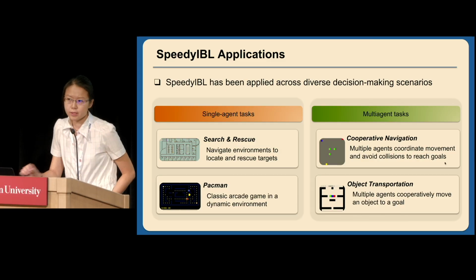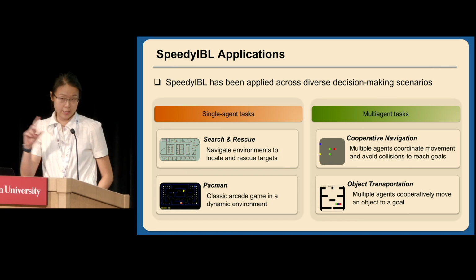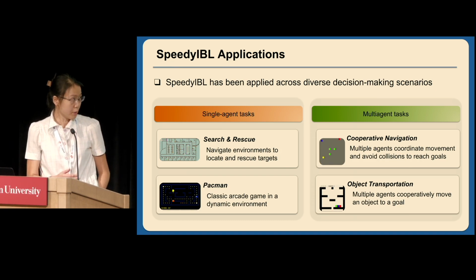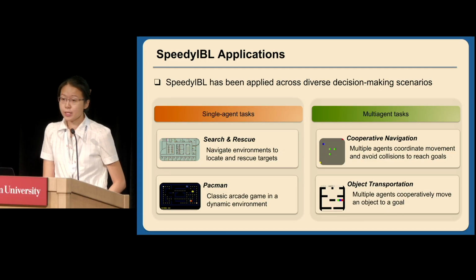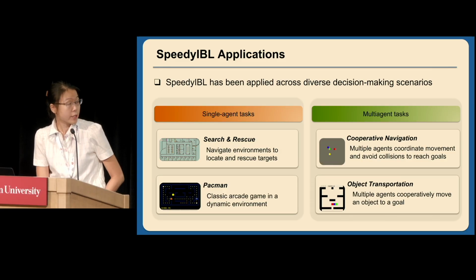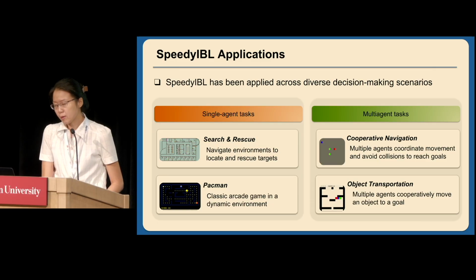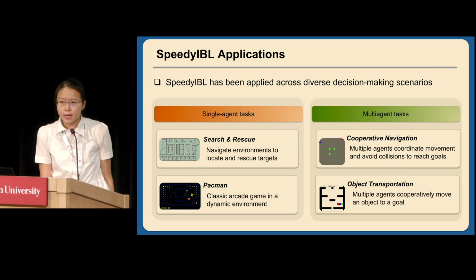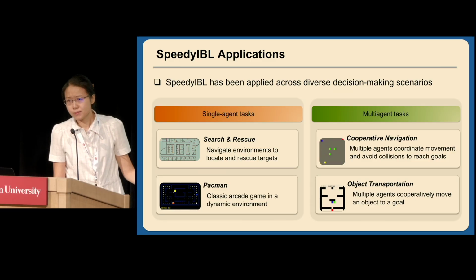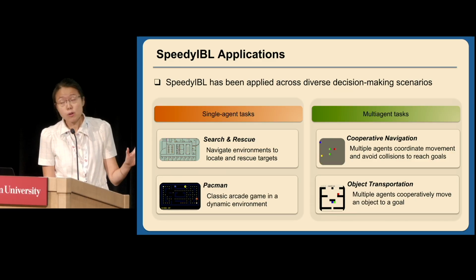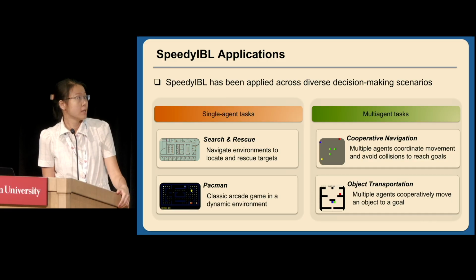Before getting to the coding and seeing how the agent is implemented for this task, here are some concrete applications where we have used Speedy IBL for simulated control operations. We can apply it to single-agent tasks, for example search and rescue or games like Pac-Man. We also apply it to multi-agent tasks where cooperation is needed.